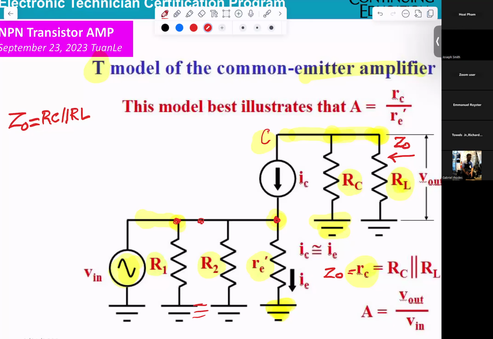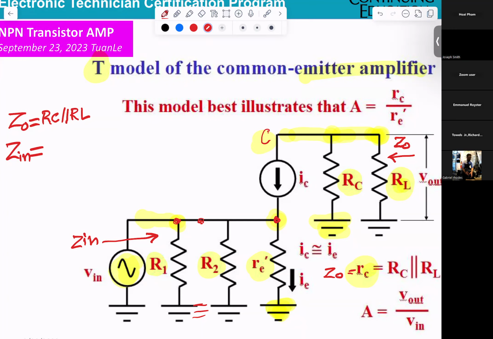Now we calculate the input impedance. That means you're looking from the input signal into the circuit. That's what they call Z in. Now, what does Z in equal?